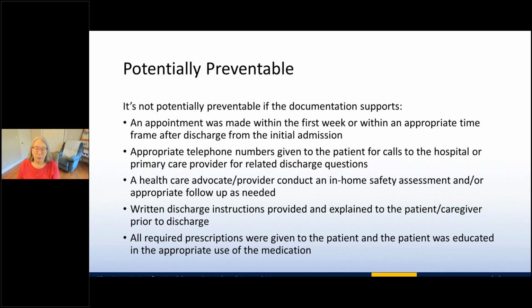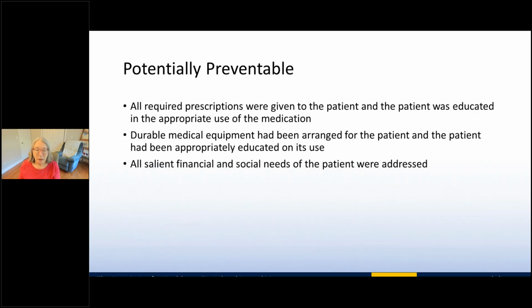So this should all be pretty routine documentation that's in your discharge plan. And that's what you want to point out in your appeal, to say we did everything that was clinically appropriate to ensure that our patient was going to be successful when they were discharged from the hospital. And here's the record of everything that we did before we sent the patient home.